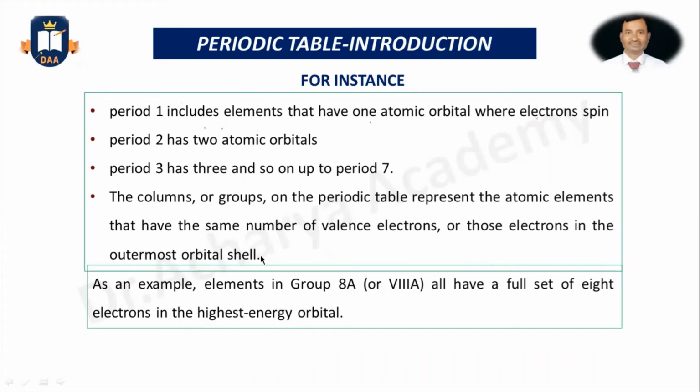That means the elements within a group, in a column, have outer shell orbitals containing the same number of valence electrons. For example, the noble gas elements belong to group 8A. Later this group was defined as group number 18. These elements have a full set of 8 electrons in the highest energy orbital.